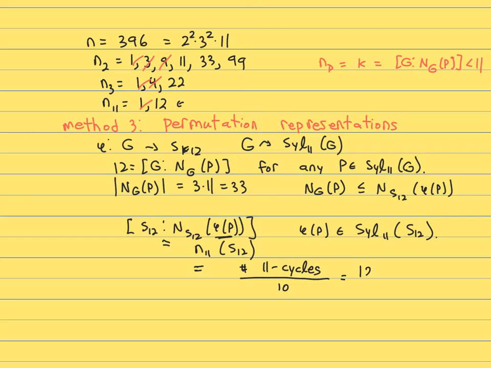Well, you choose some element to not put in the cycle, and then there are always (n minus 1) factorial cycles in S_n. Divide by 10. We have 12 times 9 factorial. Well, that puts the size of this subgroup at 11 times 10. It's 110.